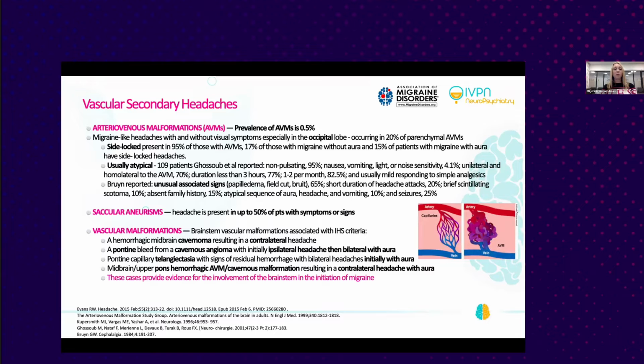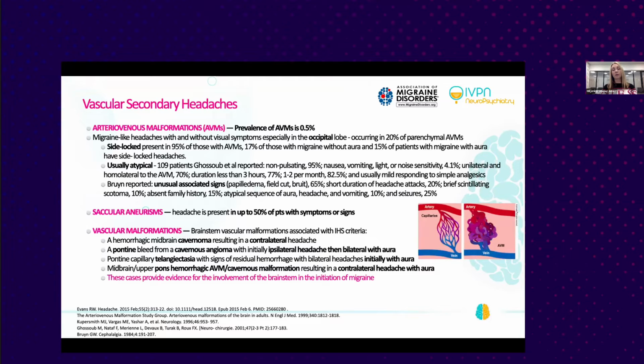And what about vascular malformations? Well, this is a really important take-home message. So usually we're talking about cavernomas or angiomas or telangiectasias that can present with either migraine with or without an aura, usually with an aura.